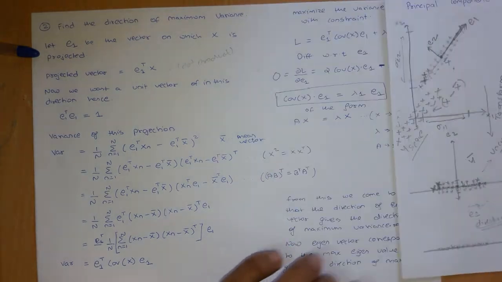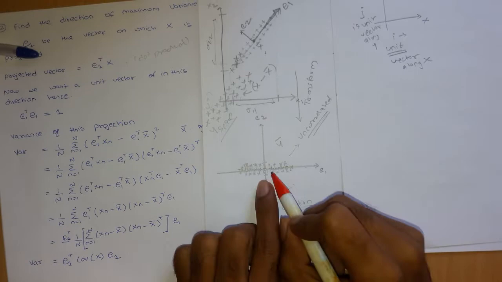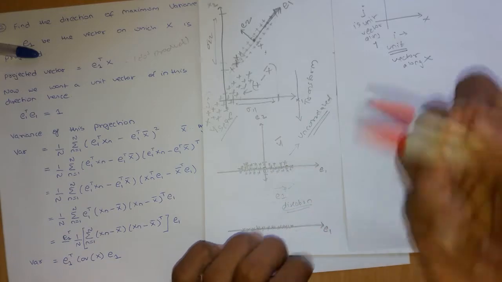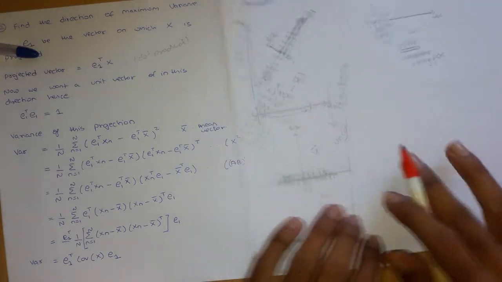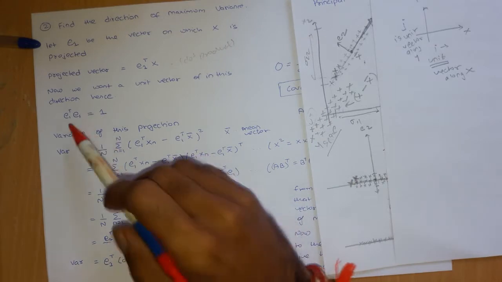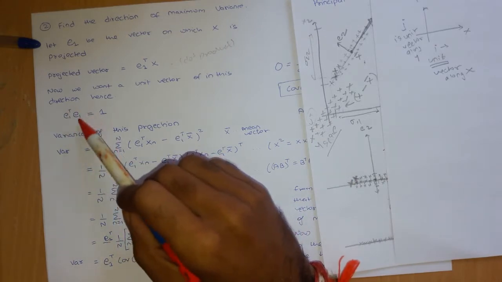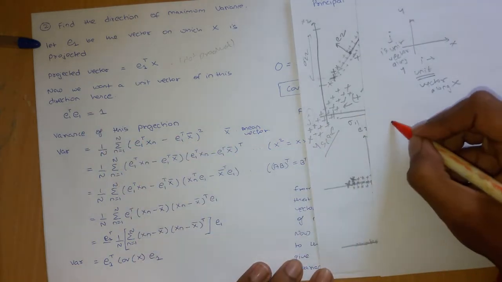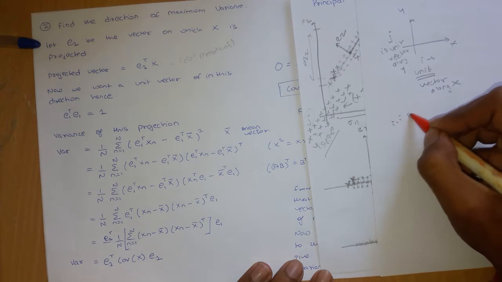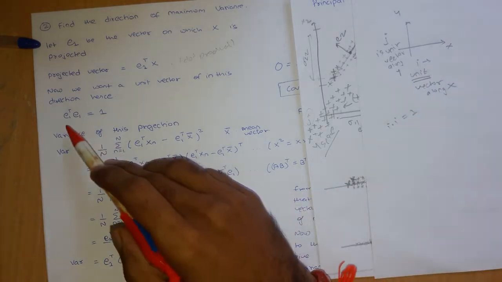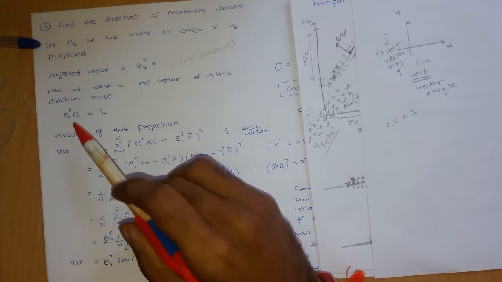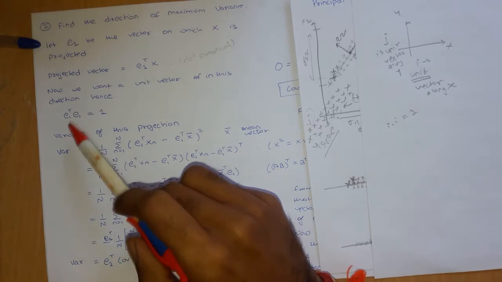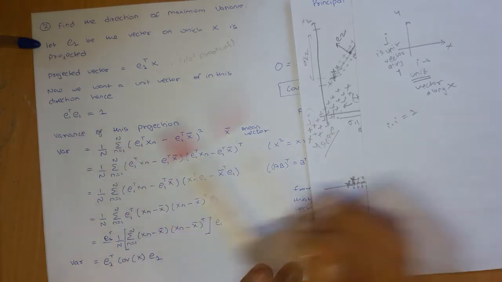Similarly, what we want over here is a unit vector along E1 and a unit vector along E2. These unit vectors are what we want. Because of that, we want E1 transpose E1 to be equal to 1. This is what a unit vector is. When you take the dot product of a unit vector with itself, you get 1, right? If E1 is a unit vector, this is the dot product notation in linear algebra, and this will become 1.